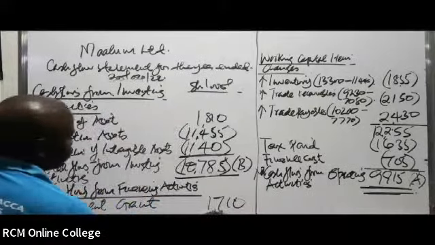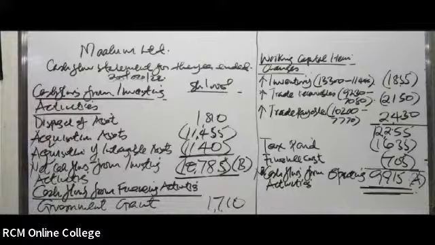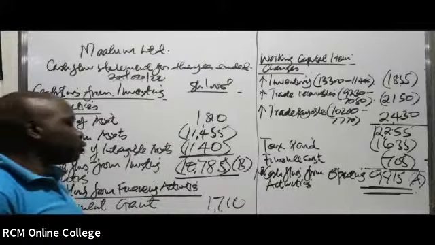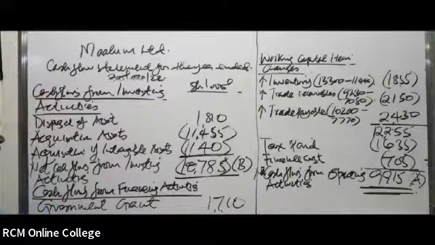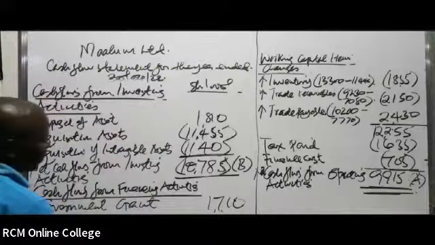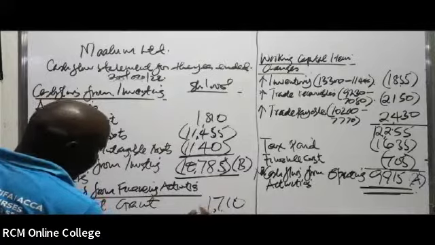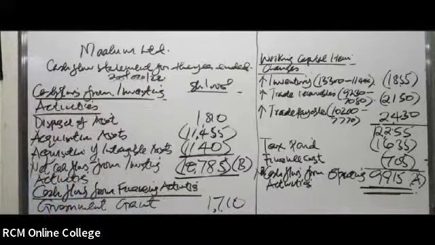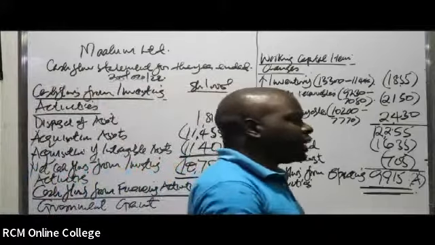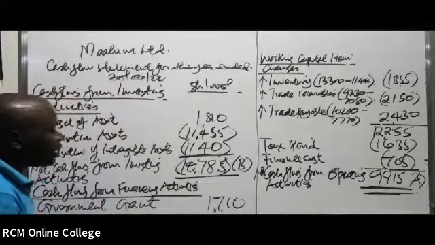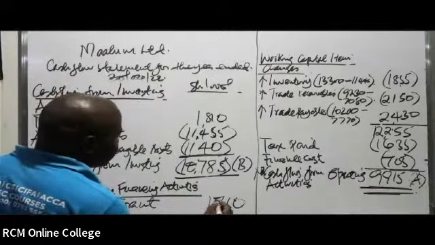This is the inflow you'll be able to recognize, because the 750 we have been able to use to calculate this one in the government grant account. What was received in terms of cash, the real cash, was this amount, not that income. That income they have just recognized in the books, but they are yet to receive it. It was for this particular financial year. But what they received as real cash was actually 1710.